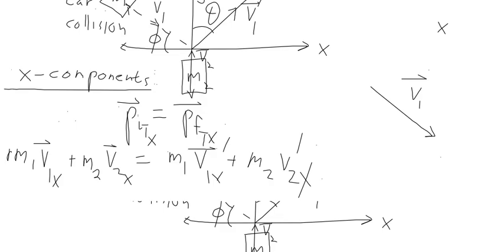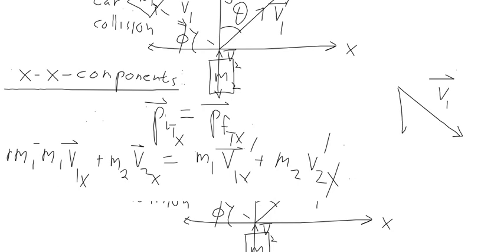So I have a y component, labeled v1y, and an x component, v1x. Then I also have to draw my inclination angle. I will call it the initial angle that the car is coming in with before the collision. I'll call it angle phi.